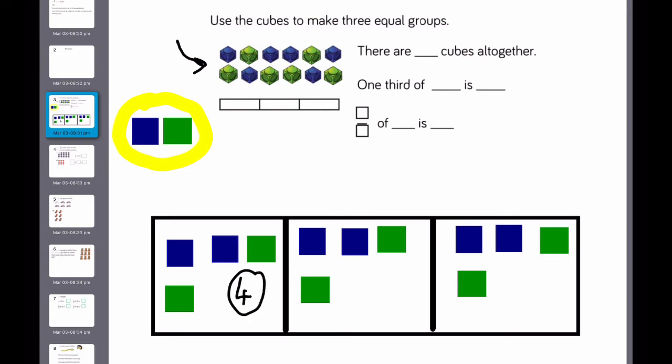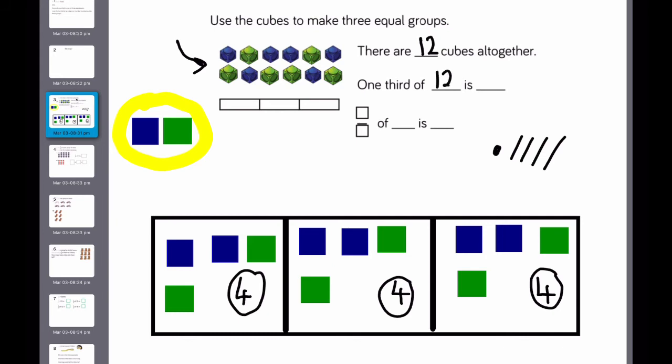4 and another 4 is 8, and 4 more than 8 is, so 8 in my head, 9, 10, 11, 12. There are 12 cubes altogether. 1/3 of 12 is 4, because there are 4 cubes in every box.